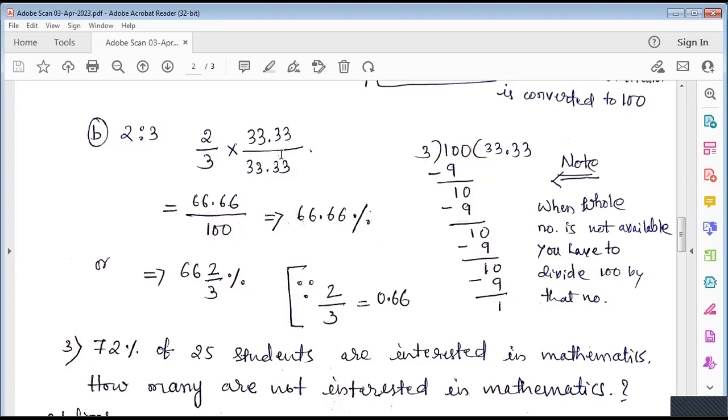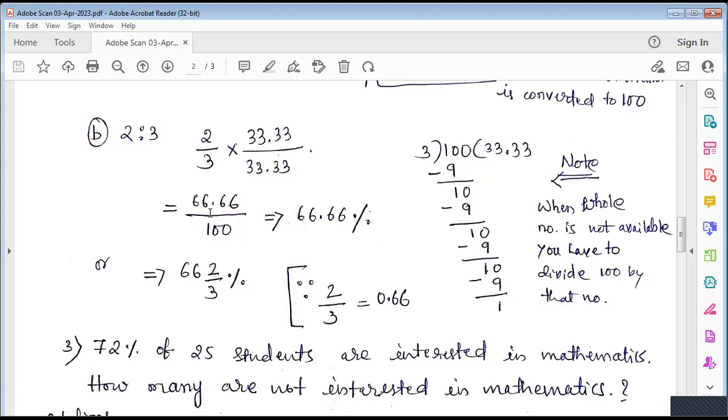Therefore you are multiplying and dividing by 33.33, and the denominator reduces to 100, and the numerator gives 66.66 because you are multiplying 33.33 into 2.